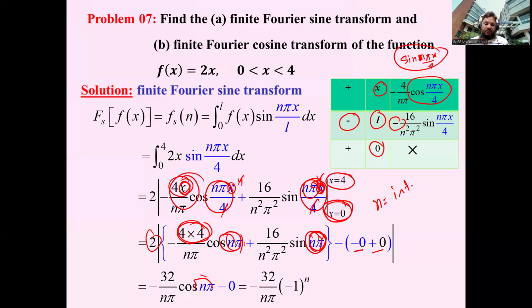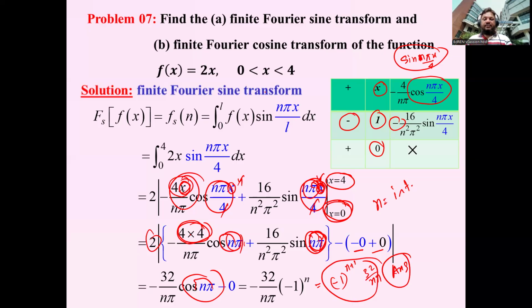Cos n pi is negative 1 to the power n, so we can write minus 1 to the power n plus 1 times 32 by n pi. This one is our answer for the finite Fourier sine transform.